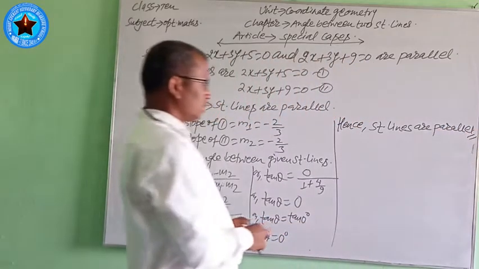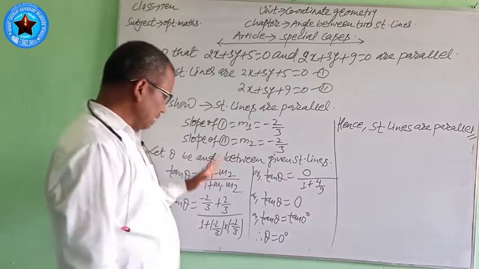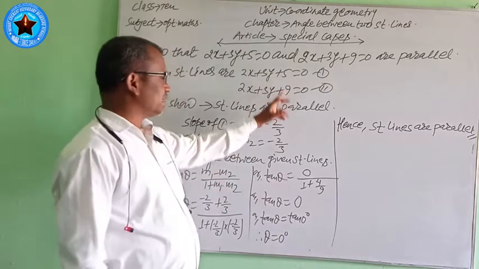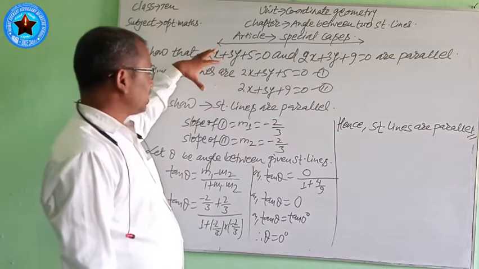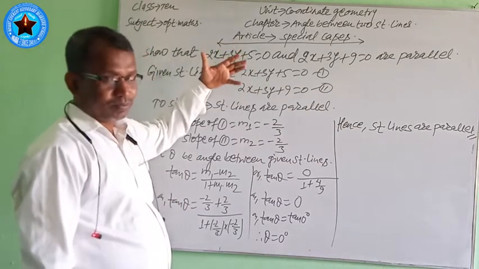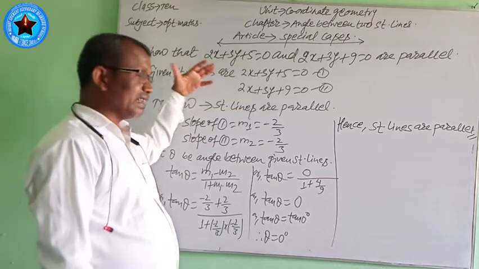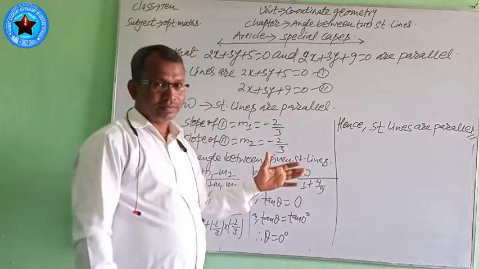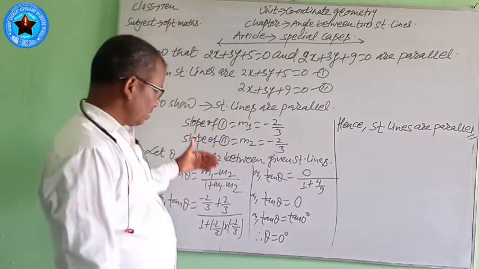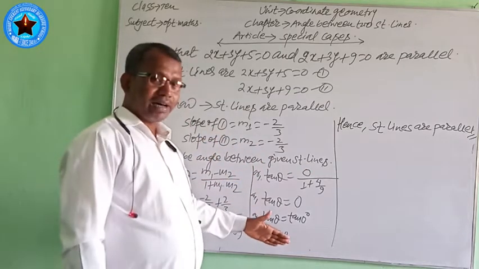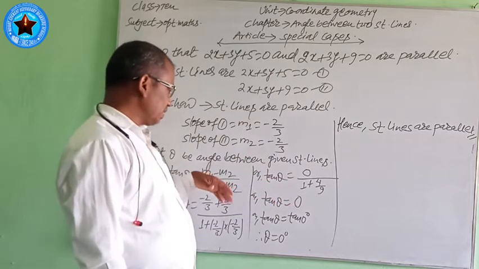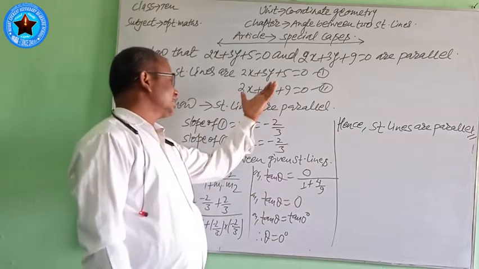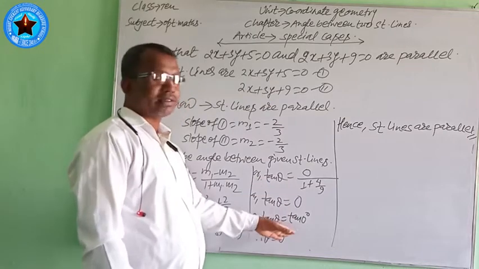The sense of finding the angle between these two straight lines is to check whether the condition, the result of the special case we have already got, is applicable or not. For that, I have followed this process of finding the angle, and I found the magnitude of the angle to be 0 degree.